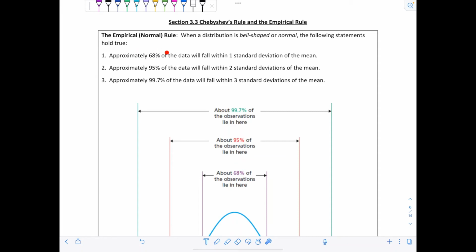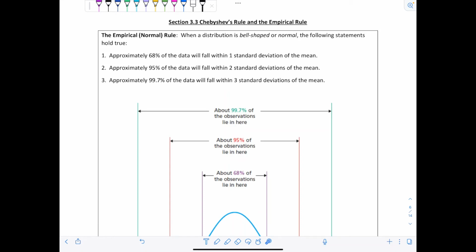Approximately 68% of the data will fall within one standard deviation of the mean. Approximately 95% of the data will fall within 2 standard deviations of the mean. And approximately 99.7% of the data will fall within 3 standard deviations of the mean.